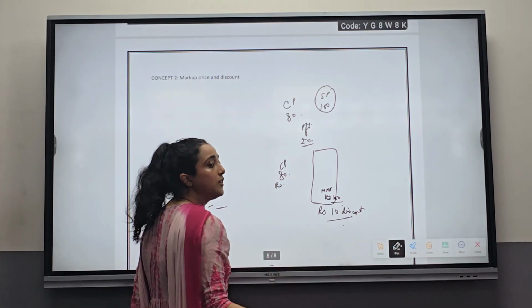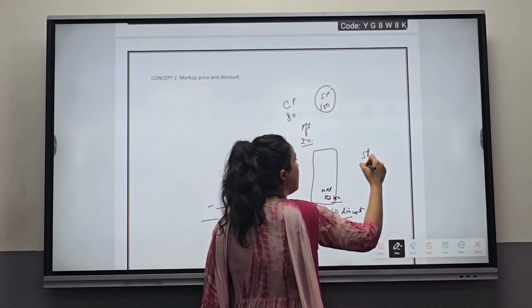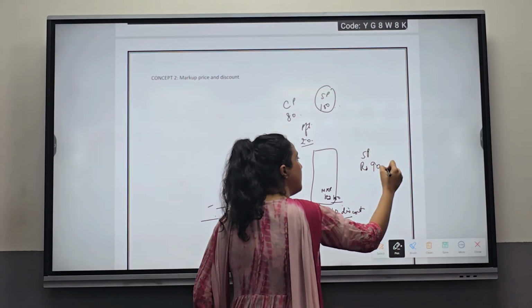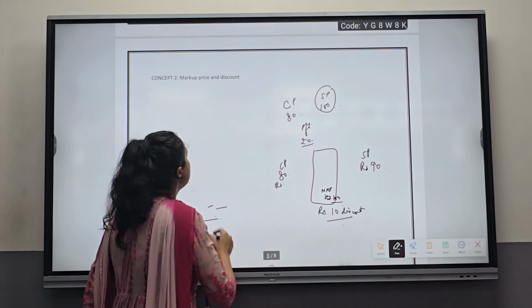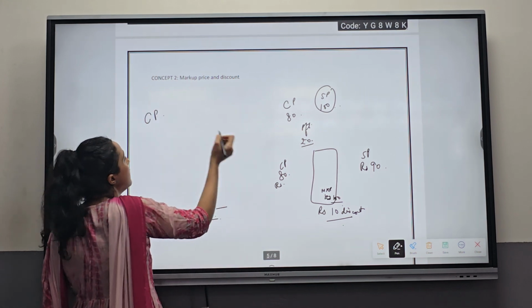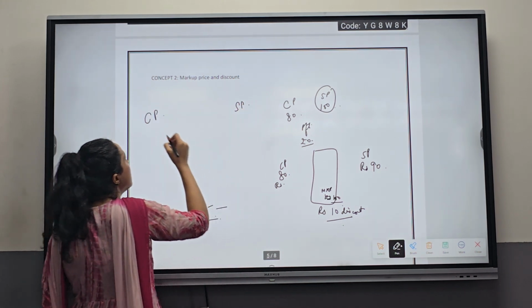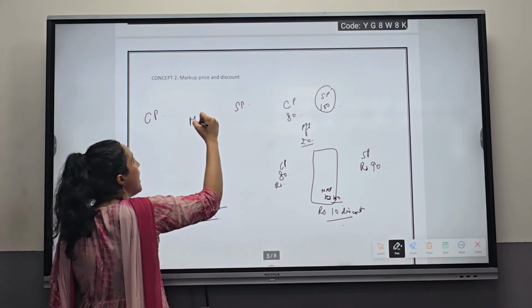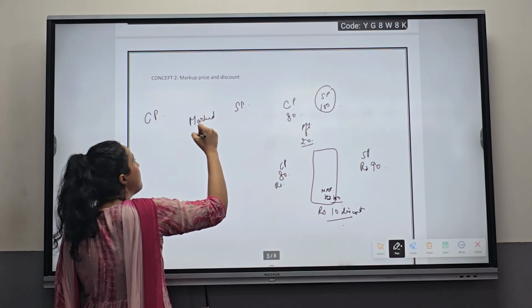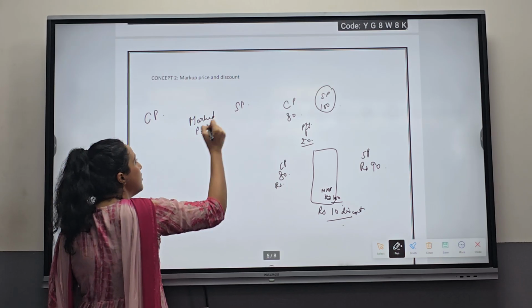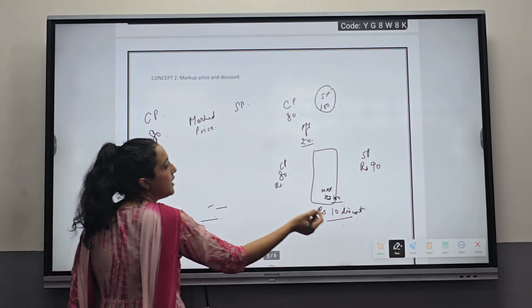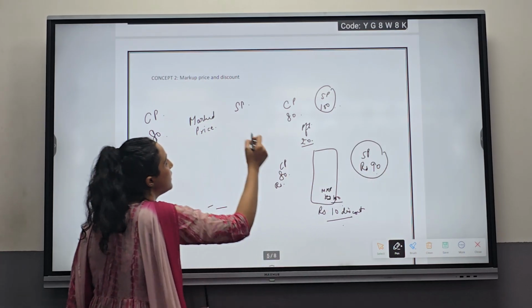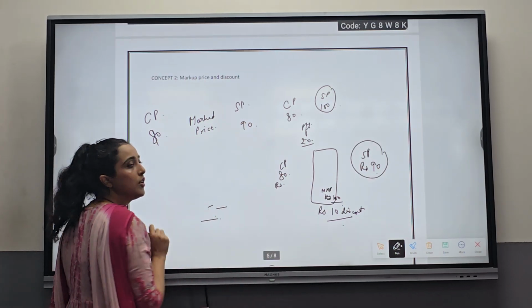Okay, so you say okay and you sell it for rupees 90. Now what happened is, you have a cost price, you have a selling price, and you have a marked price. Cost price was rupees 80, selling price, now you are selling it for 90 rupees.